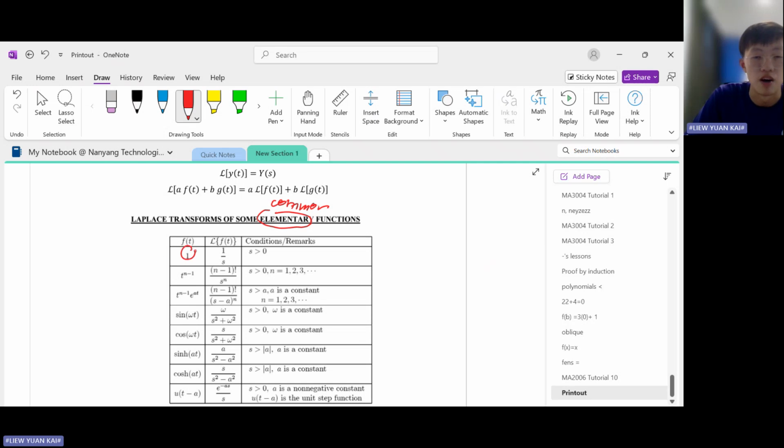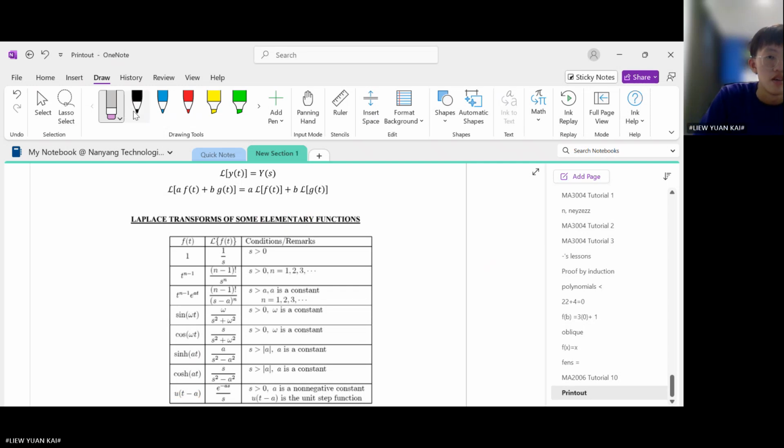So for example, 1, or t to the power of something. We also have sine, cosine, sinh, cosh, and then the unit step function. But we'll not talk about that. We'll talk about it some other time.